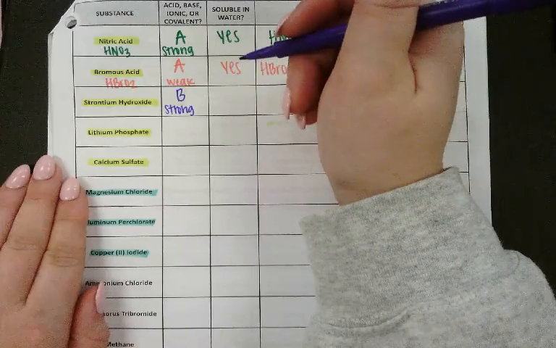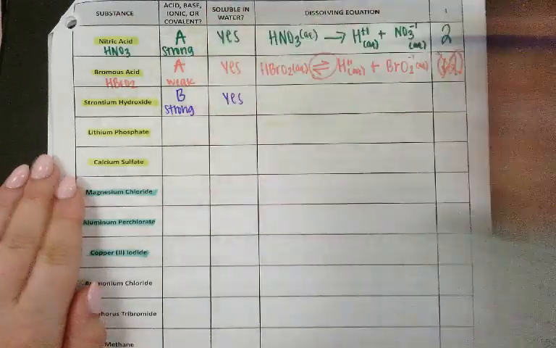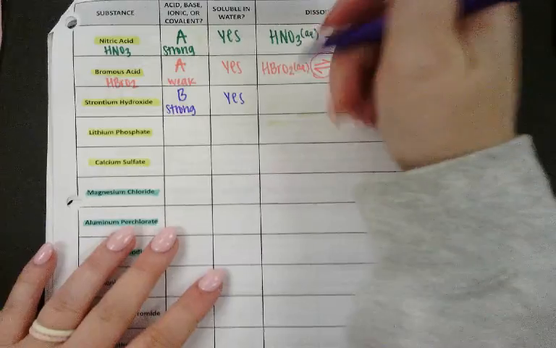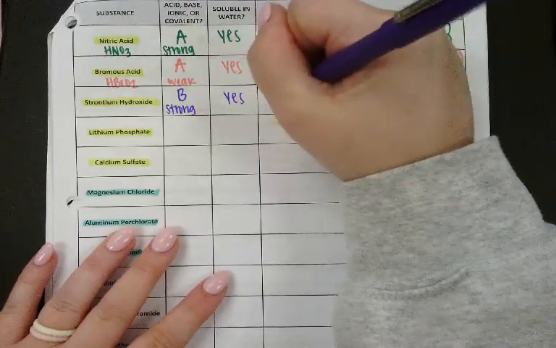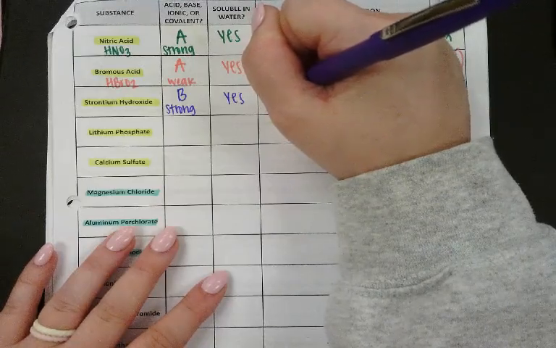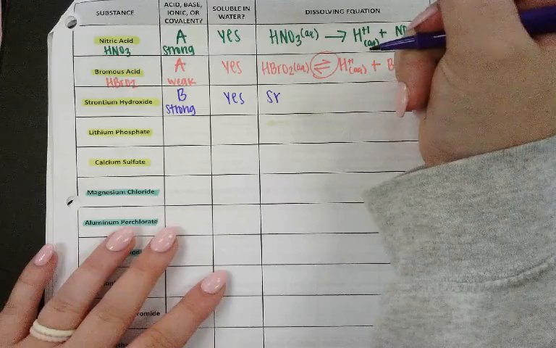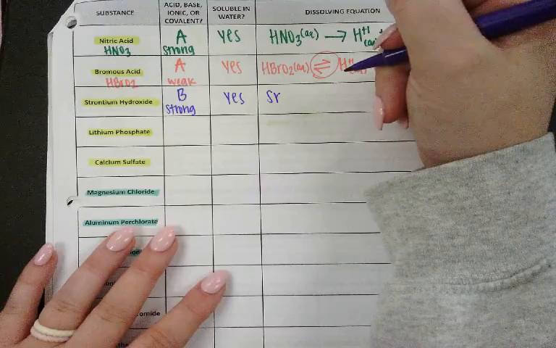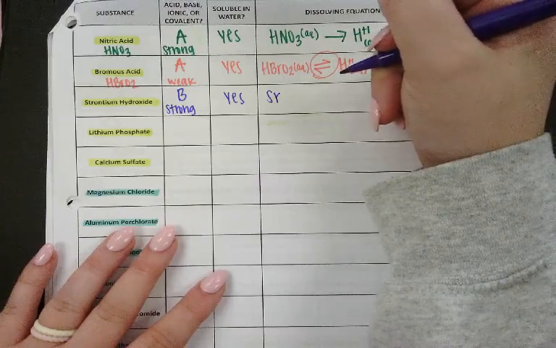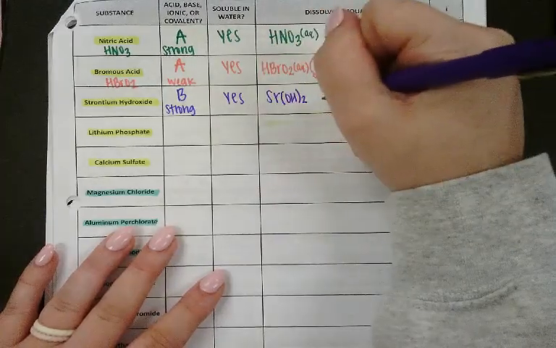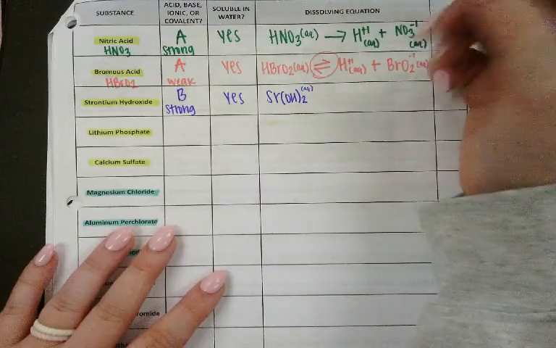It's a strong base. Yes. All right. Ayushi, how do I write strontium hydroxide? Say it loud. What do I need around the hydroxide? Parentheses, so Sr(OH)2. Okay, this is aqueous.